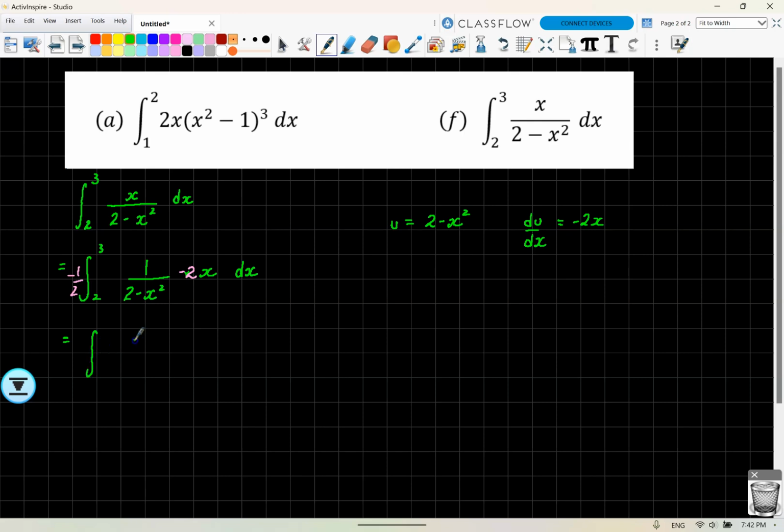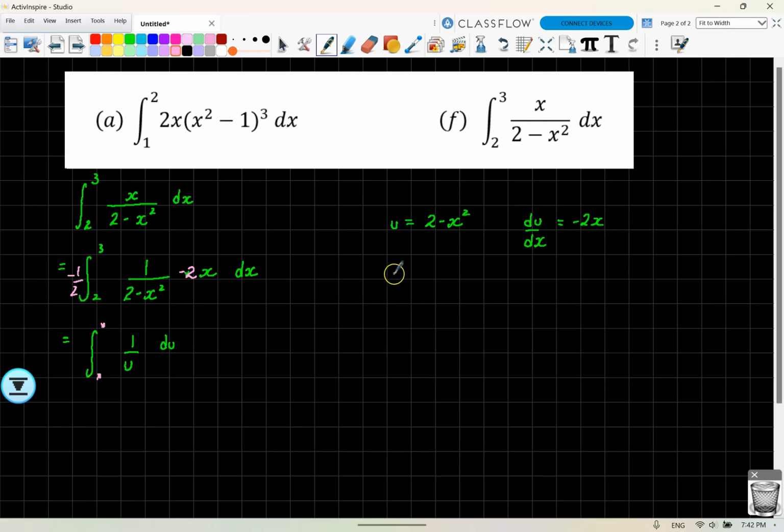Now when we rock and roll with this, we've got 1 over u. This bit here, minus 2x, is my du by dx, and then we've got the dx, so they sort of cancel out. So I am just integrating with respect to u. However, remember, because I've now got the u here, we need to change our values here.